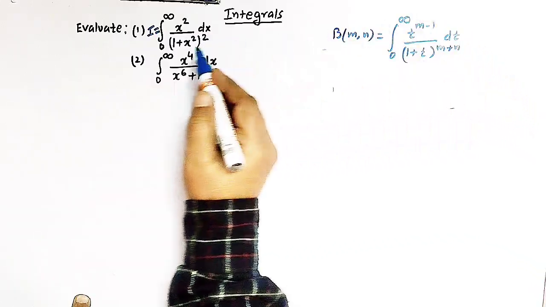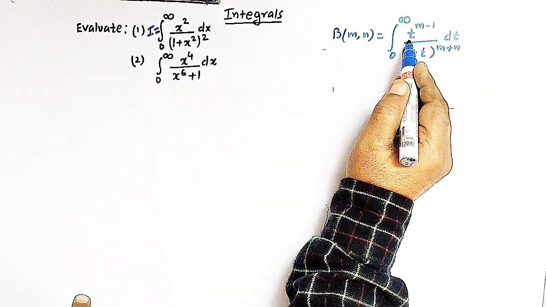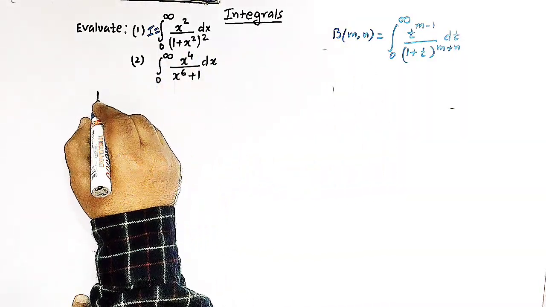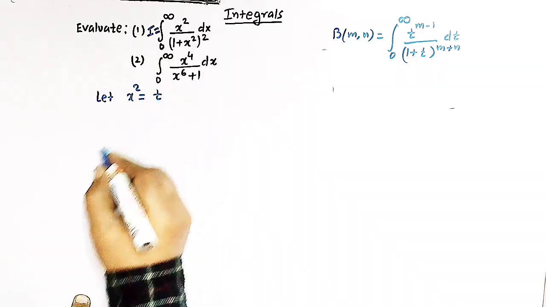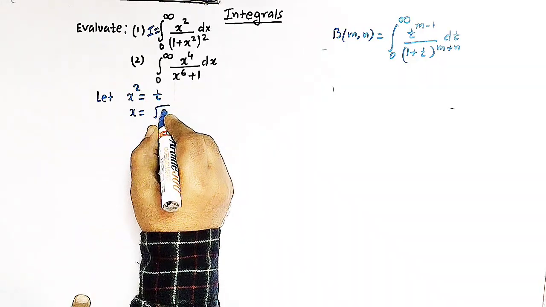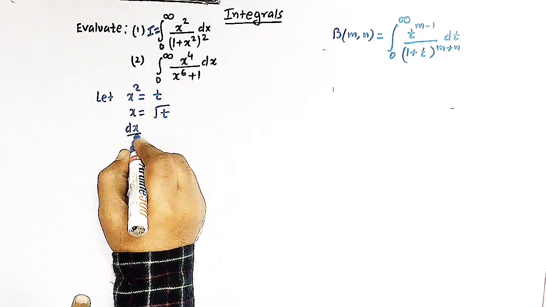So here we'll first reduce this integral into the beta function, and let us first take x square is equal to t, right? So x can be written as square root of t. Let us differentiate x with respect to t.